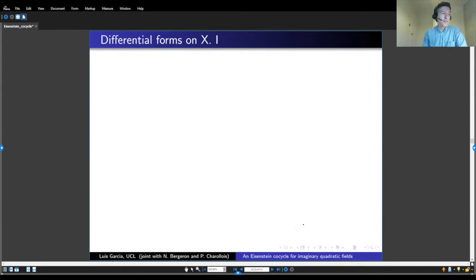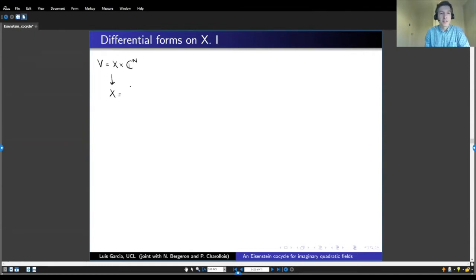Okay, so the main thing to do to define this Eisenstein series is essentially defining the test vector at infinity, which is somehow where most of the content is in the construction. So let me explain how this will work. So we're going to consider X, and on X we have a vector bundle that I will call V, which is just the trivial vector bundle with fiber C^n.